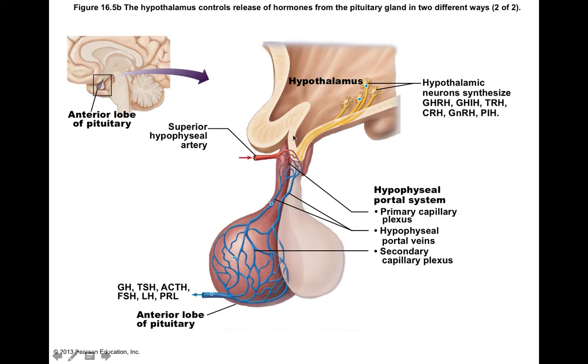It's very close to the hypothalamus, so it's right up there. And then the secondary capillary plexus, you will note, is a crisscrossing network of blood vessels that actually kind of circulates blood through the anterior pituitary gland itself. The word plexus means a crossing or a network of structures.